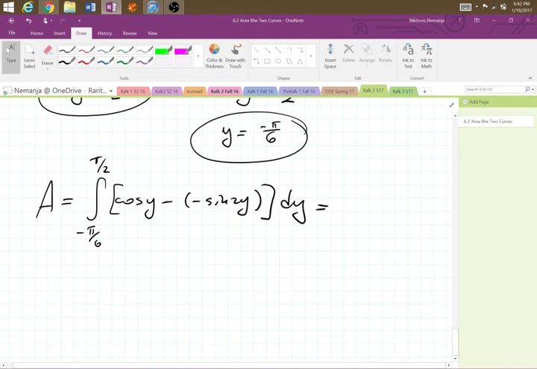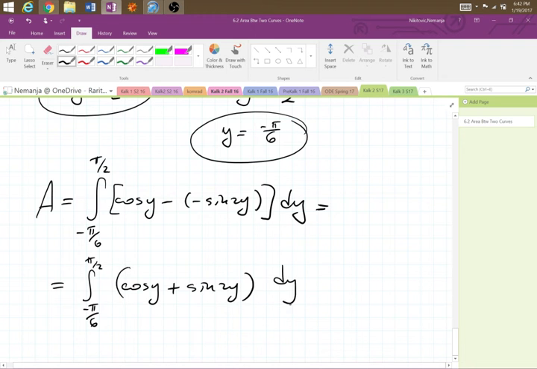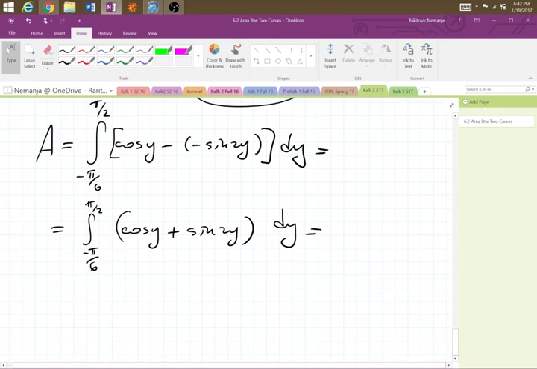So now I have the integral from negative pi over 6 to pi over 2 of cosine y plus sine 2y dy. Integrate. Integral of cosine is sine y. Integral of sine is negative cosine, so negative cosine 2y over 2. Computed from minus pi over 6 to pi over 2.